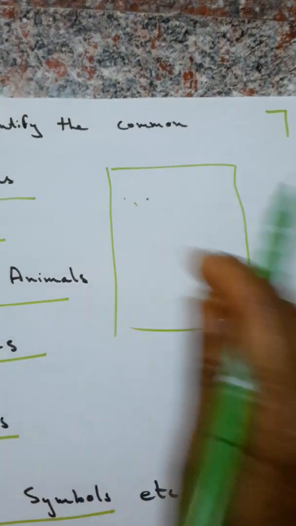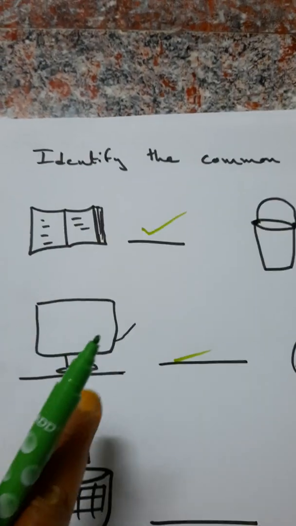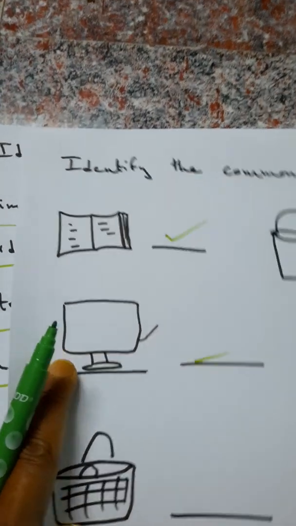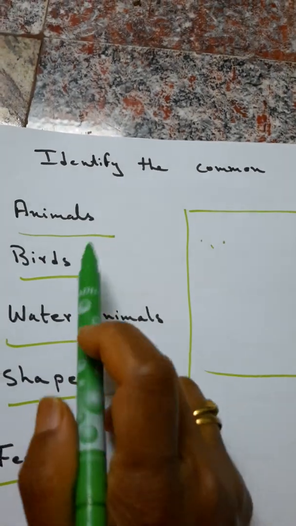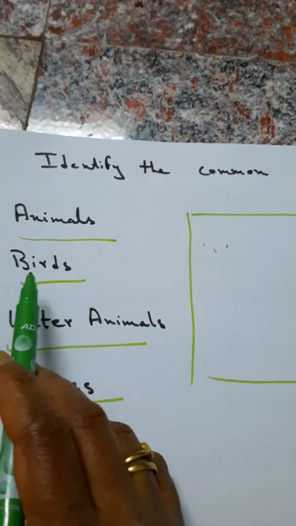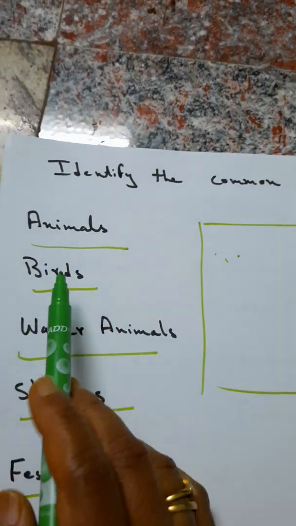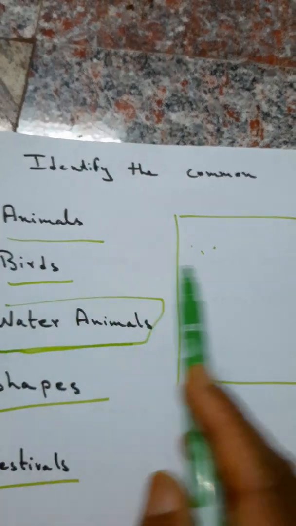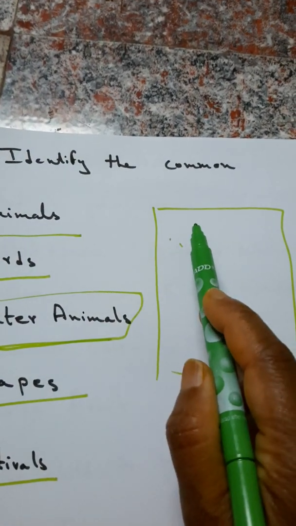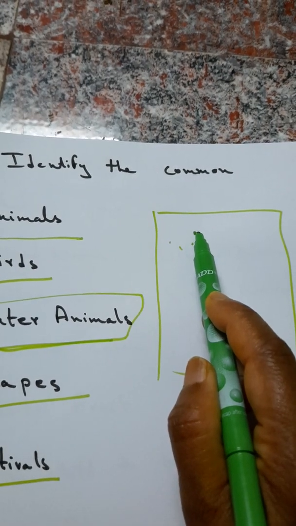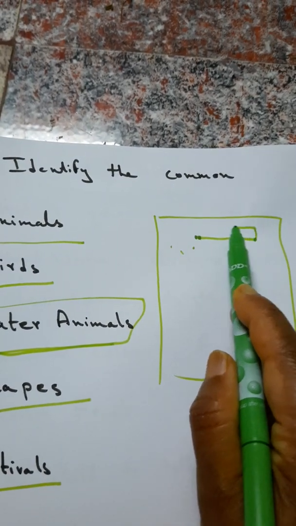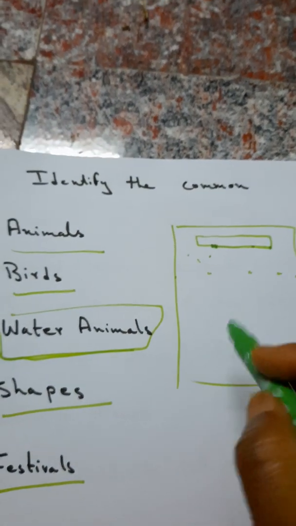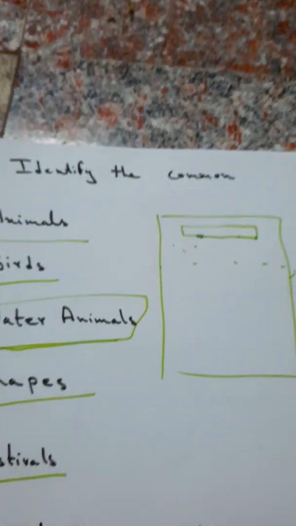It's not necessary that you have to draw pictures like this. You can show any picture reading book and ask the child to identify. For example, if you're asking the child to identify water animals, take the page in the book where water animals are and ask him to identify the pictures which you point.